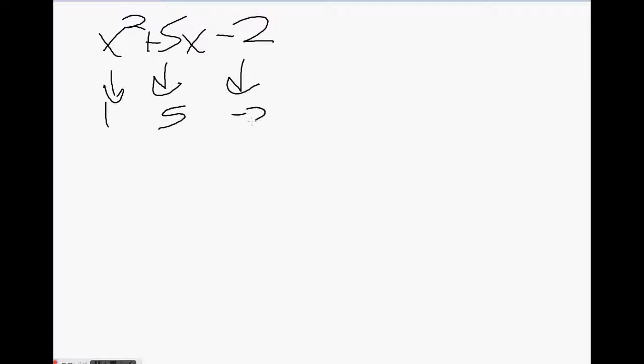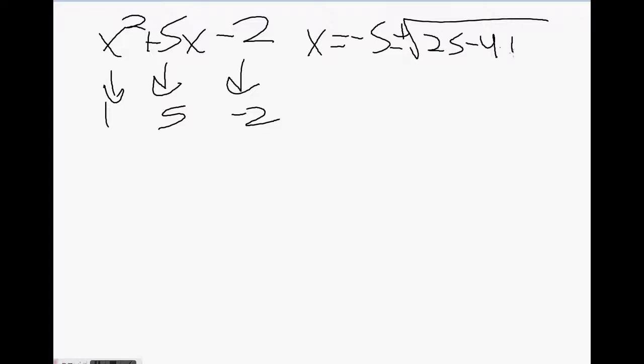Next one's x squared plus 5x minus 2. So a would be 1, b would be 5, and c would be negative 2. So x equals negative b, which is negative 5, plus minus the square root of b squared, which is 25, minus 4 times a times c, over 2 times a, which is 2 times 1 in this case.